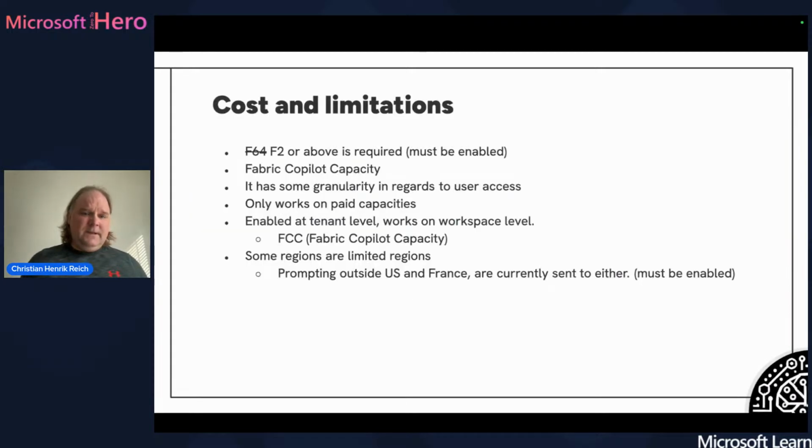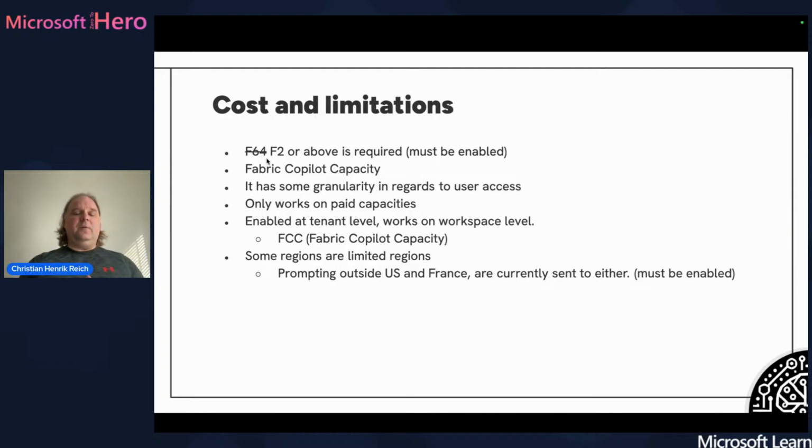So it has some cost, of course. It used to be very expensive. In Fabric, when we pay for Fabric, we have 20 pricing tiers, and the lowest one is the F2, and an F2 costs around 300 euros, around $300 as well.